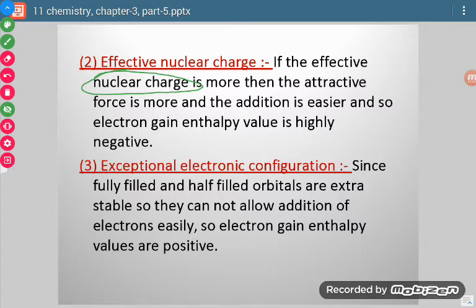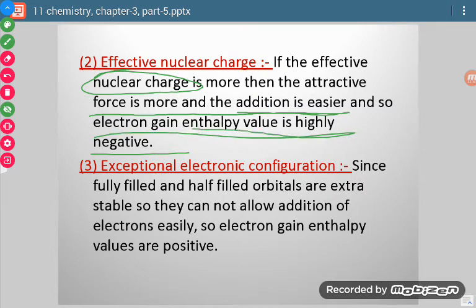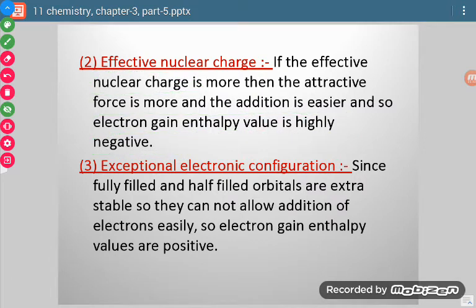So in that case addition will be easier, and easier addition means electron gain enthalpy value will be higher. Okay, so with the increase in effective nuclear charge, delta H Eg value also increases, it becomes highly negative.